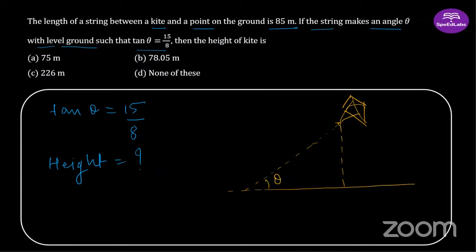Again, height is asked in the question, and they have given the length of the string. So just check what value would be equal to this 85 meter, the length of the string, whether it would be the perpendicular or the hypotenuse or what.